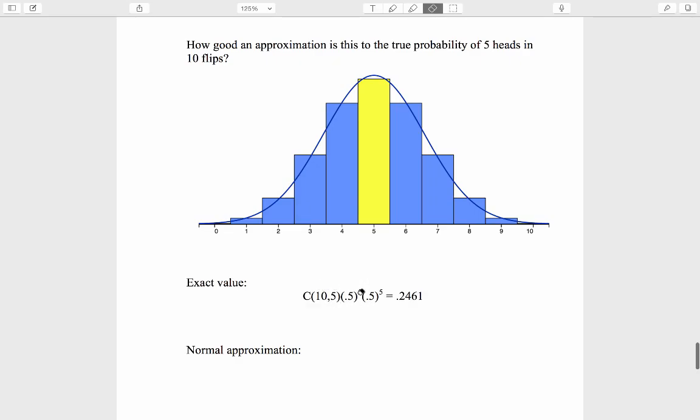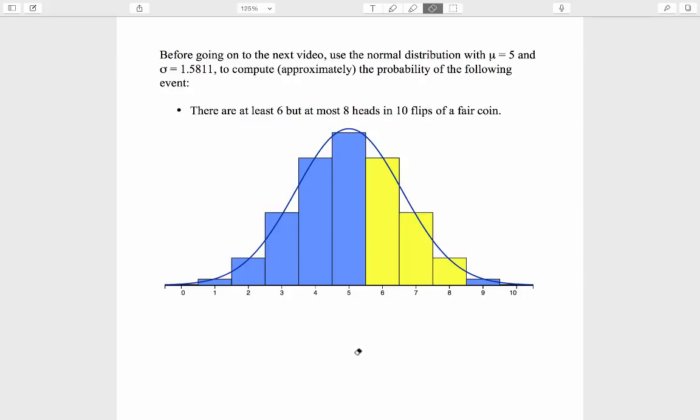The exact probability when we compute it is 10 choose 5, p to the 5 times 1 minus p to the 5. Probability of heads raised to the number of heads times probability of tails raised to the number of tails, and that equals 0.2461. The normal approximation gave us 0.2510. That is not bad.